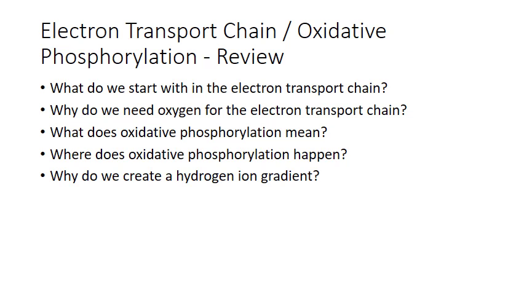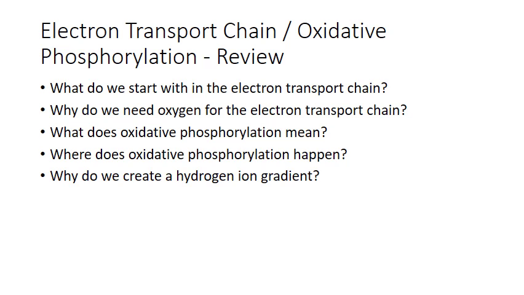No, so this is something we didn't really cover, but they're not very electronegative. They don't want that electron, but we kind of forced it on them, and so they're excited to get rid of it, and they're going to release energy when they do it. Oxygen, on the other hand, which is at the end of the electron transport chain, is very electronegative and wants that electron. So that's sort of how you can think of it flowing down the electron transport chain.